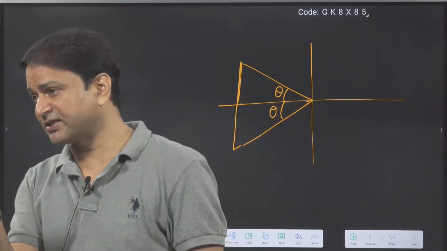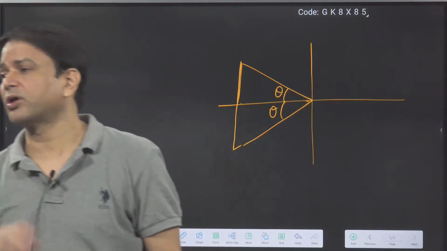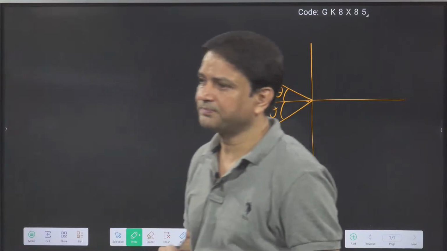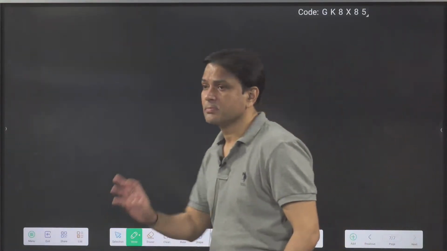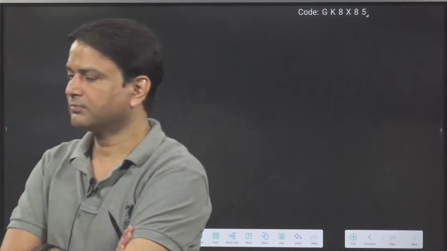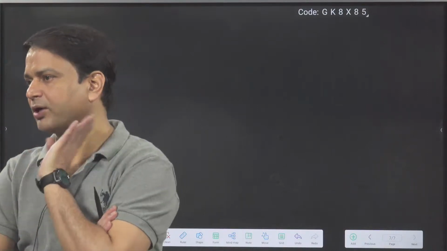Perpendicular negative, base negative, so negative upon negative, what will you get? Positive. That's why in the third quadrant we are getting tan positive. Did everybody get this or not? Up to this, did everybody get it?